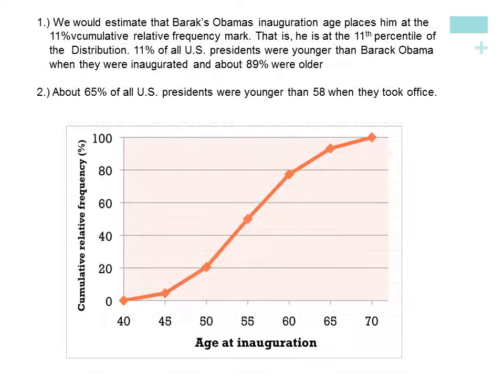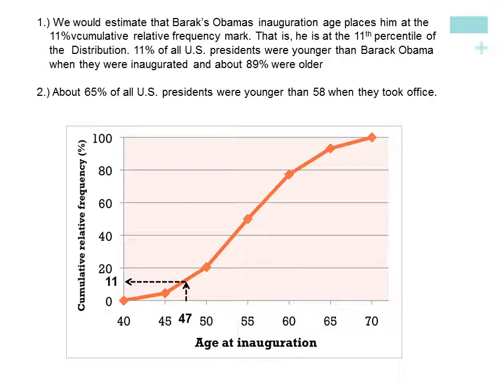For number 1, we would estimate Barack Obama's inauguration age places him at the 11th cumulative relative frequency mark. How did we figure that out? First, he was 47. Let's locate that here, and then go over and see where that is on the cumulative relative frequency graph. That's at about 11%.